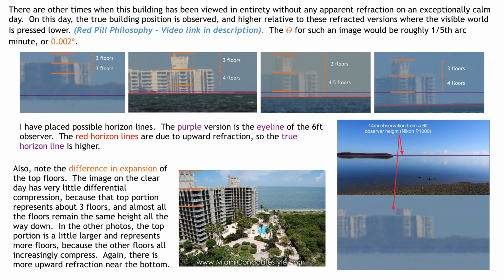But when you compare it to the other observations, that top structure represents 4 floors on one day, about 4.5 floors on the other day, and another 4 floors. And the reason is because, again, you're getting this apparent expansion of what's above and apparent compression of what's below.